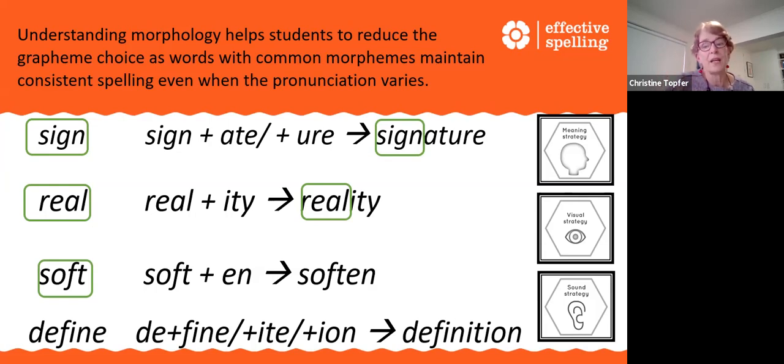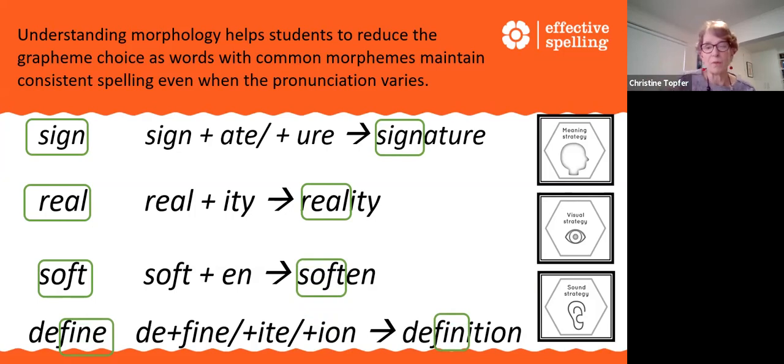But then if you say soften, you don't actually articulate the T, but the letters are still there. The same with define, where the base is F-I-N-E, and then you say definition, still has the same base. So we have the same grapheme choice because these words have common morphemes.